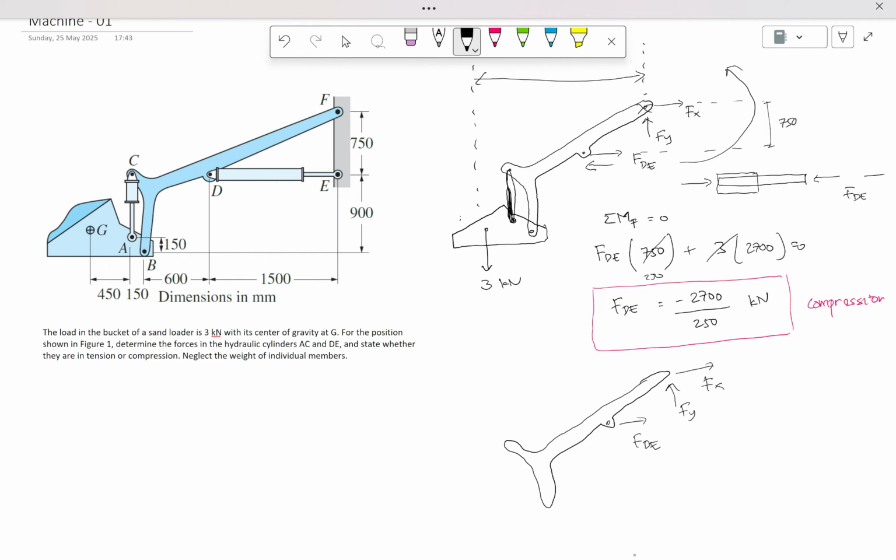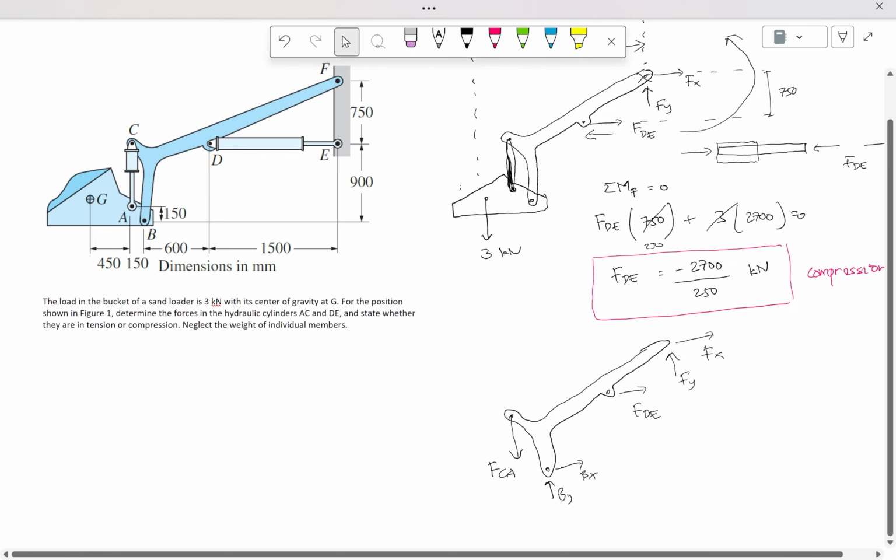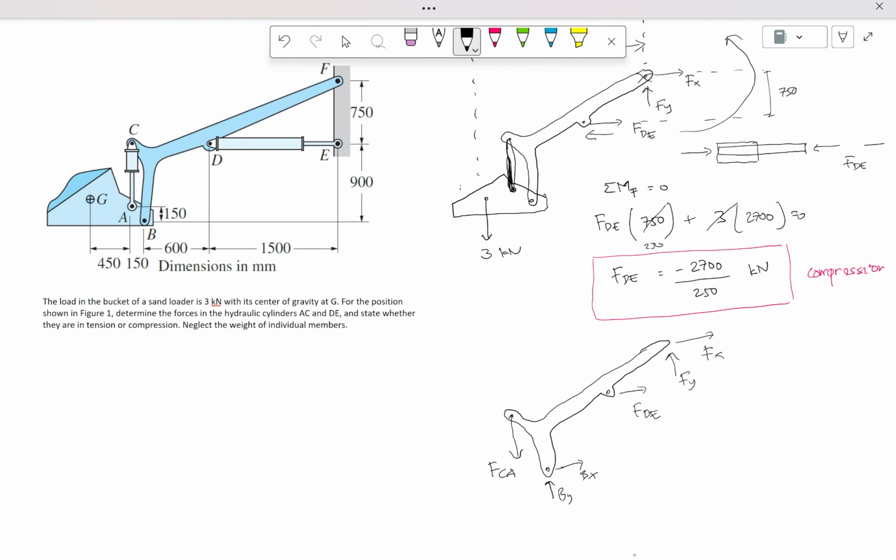Here you have Bx and By, and this is also a two-force member, FCA. So there are a lot of things to account for here. You need to find Fx and Fy first, then Bx and By, and then you can get FCA. So I think it's better to analyze the bucket.